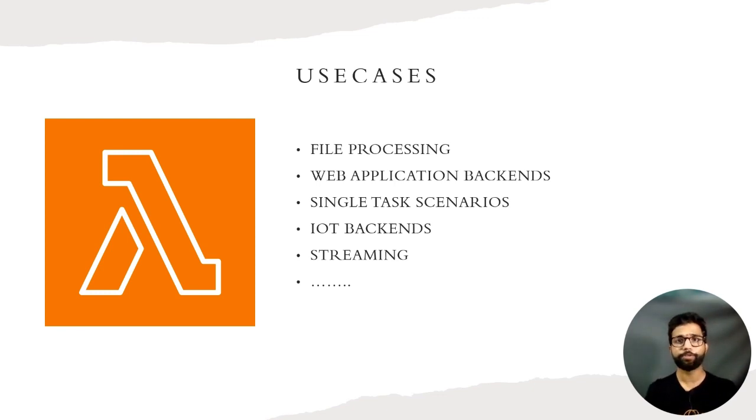This can also be used in streaming applications. You can add this as a trigger to a Kinesis service, wherein after you get a set number of messages or activities, you can process those batches using this Lambda function, and then update your databases or perform any other operations like that.